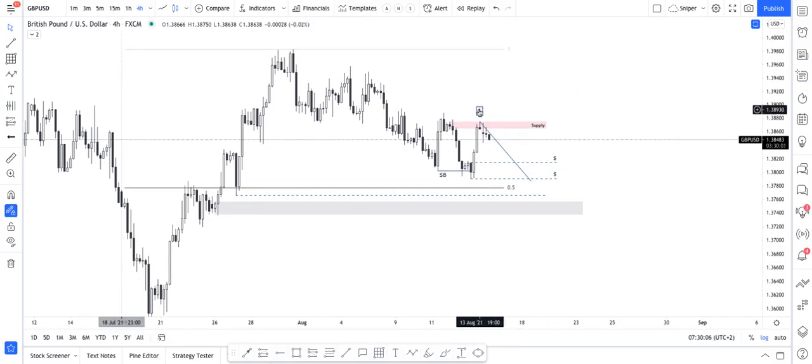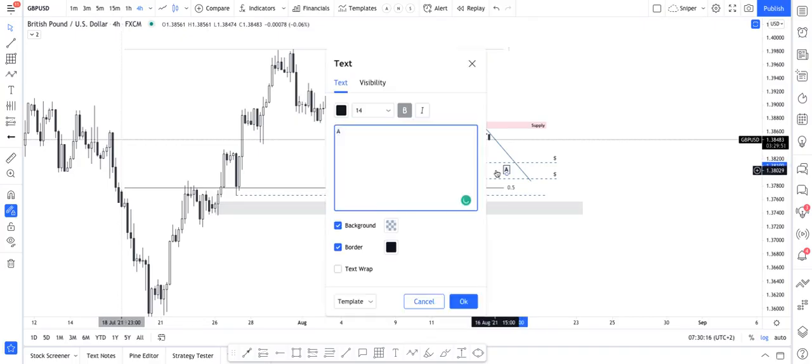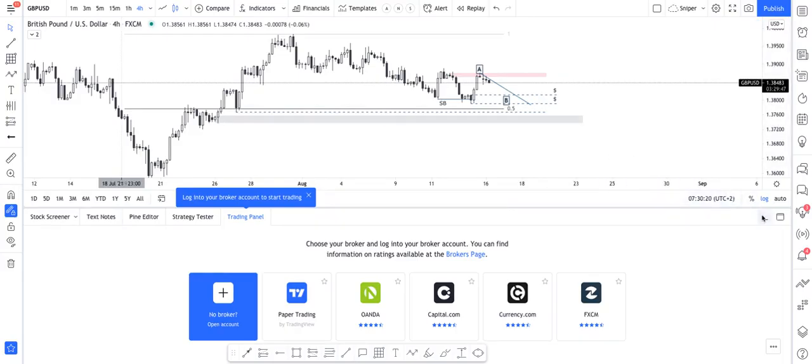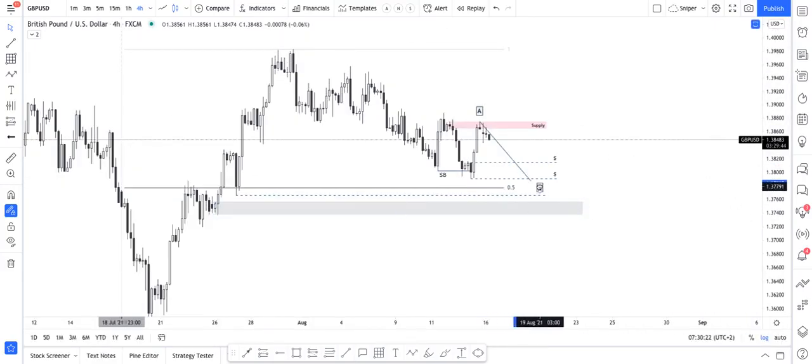So now we have our point A. Now we need to see if we can go to a point B, which can potentially be this area. I'm not saying it's going to be, but it can potentially be this area. That would definitely be a take profit area.